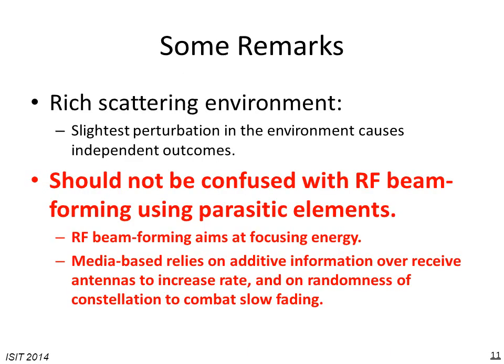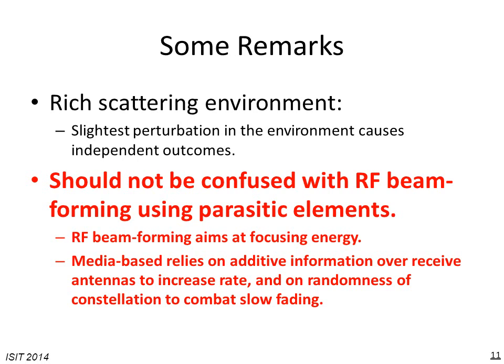So before getting into the main body of the talk, here I have some remarks. First, assuming a rich scattering environment outside the antenna, the slightest perturbation in the environment close to the transmit antenna causes independent outcomes at the receiver. Also, in the literature on RF beamforming, there is something called parasitic beamforming, in which the antenna beamforming is performed by changing the environment outside the antenna through some parasitic elements.